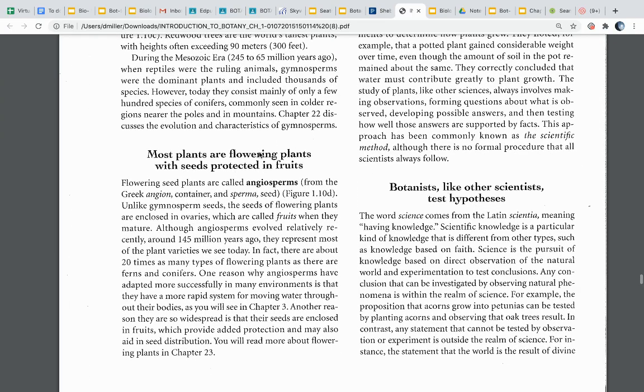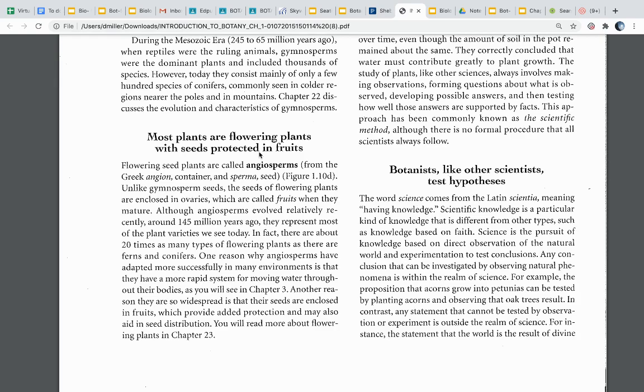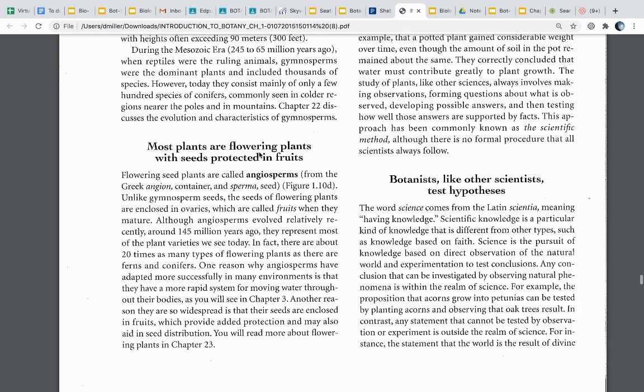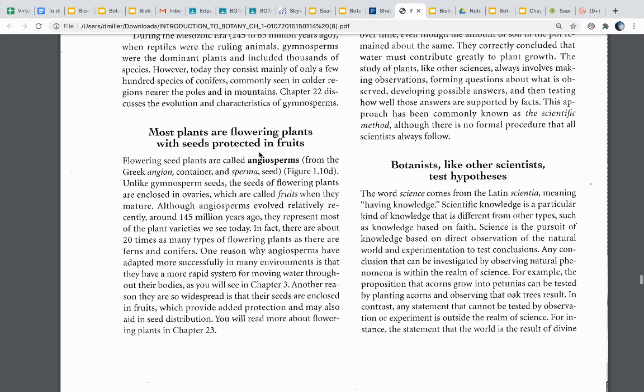Flowering seed plants are called angiosperms, from the Greek angion for container and sperma for seed. Figure 1.10d. Unlike gymnosperm seeds, the seeds of flowering plants are enclosed in ovaries, which are called fruits when they mature. Although angiosperms evolved relatively recently, around 145 million years ago, they represent most of the plant varieties we see today.